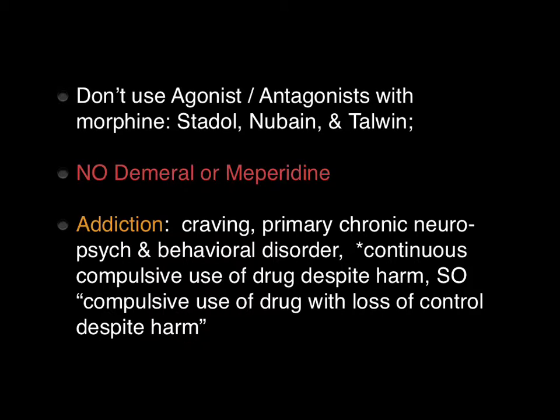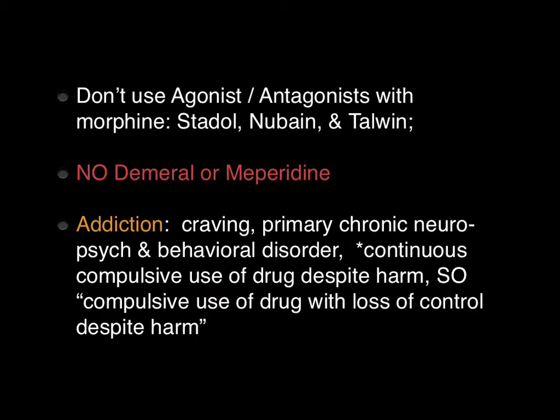Don't use agonist and antagonist with morphine, such as Stadol, Nubain, and Talwin. We recommend not to use Demerol or meperidine because the breakdown products are dangerous. Addiction is not an issue in terminal patients.